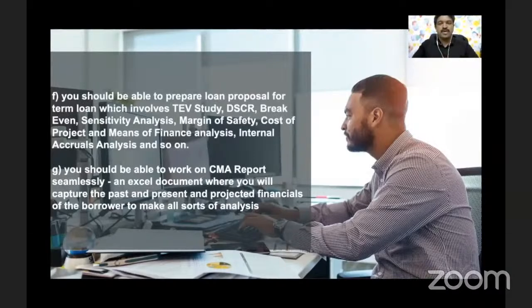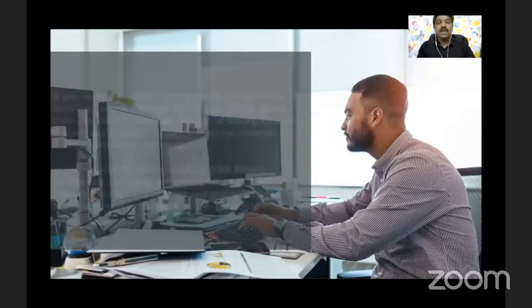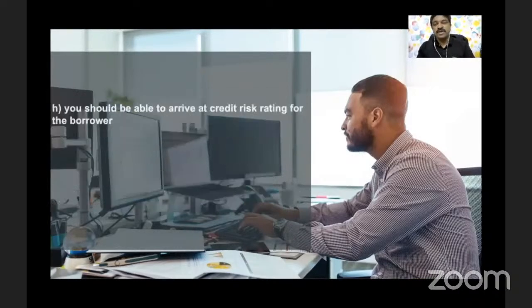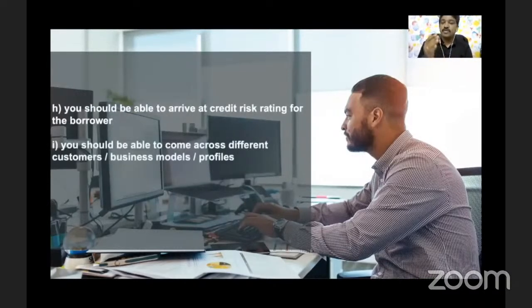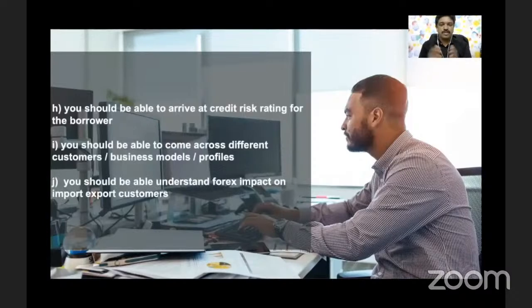And from this only, all kinds of analysis will happen. Next, you should be able to arrive at a credit risk rating for the borrower. You should be able to come across different types of business entities, business model profiles, and you should also be able to understand the forex impact on import export transactions.